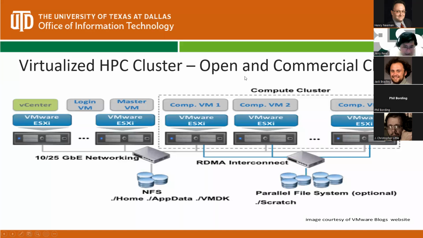And then there's commercial cloud, such as Amazon, Google, Nimbus. There are several cloud providers that are showing up. And as you can see here, all these are virtual machines. And so you create your virtual networking appliances. You have your virtual storage, your virtual interconnects, and you basically are doing what you do in real life.